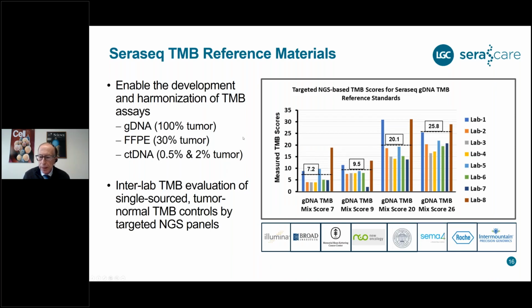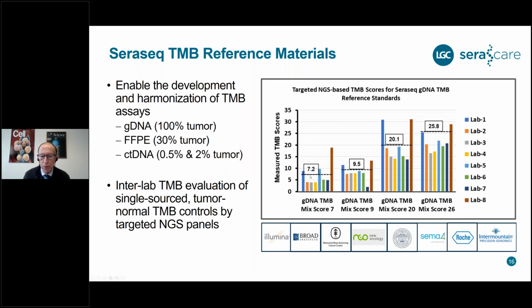Here's one study using a collaborative group working with us here at LGC from Illumina, the Broad, MSK, Neo Oncology, Medical College of Georgia, Semaphore, Roche, and Intermountain Health. You can see we took 4 of these scores, and these were looking at the genomic DNA, and we asked each laboratory to run it through their validated assays and report back the TMB scores.